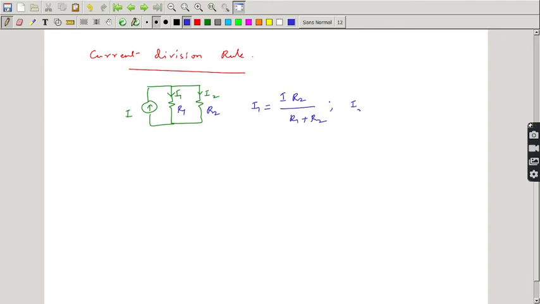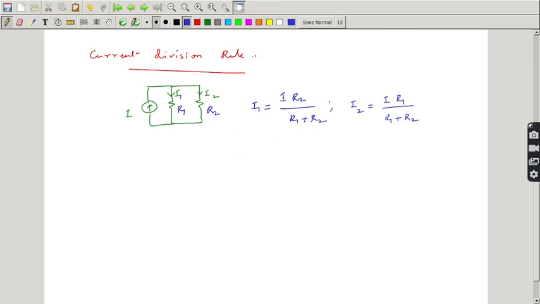Similarly, I2 equals I times the opposite resistance R1 divided by R1 plus R2. This is applicable for all passive elements, not only resistors. You can write it for an inductor as well as a capacitor.